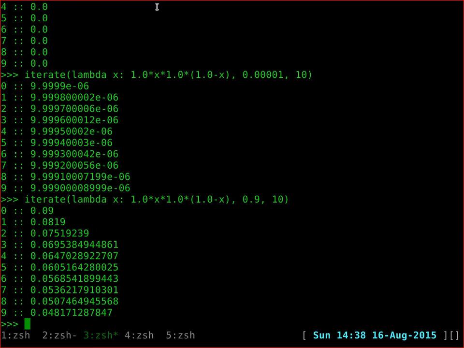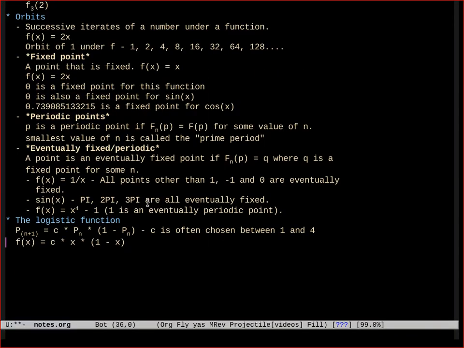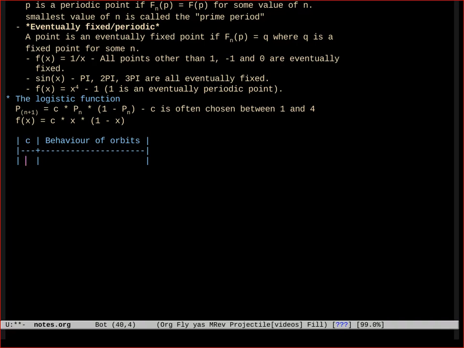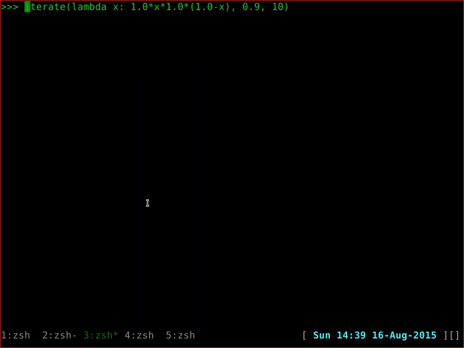The interesting part of this equation is this c which we talked about. In this case, we've set it to 1. This has interesting properties, so let's look at this. Let's take a value of c and see the behavior.